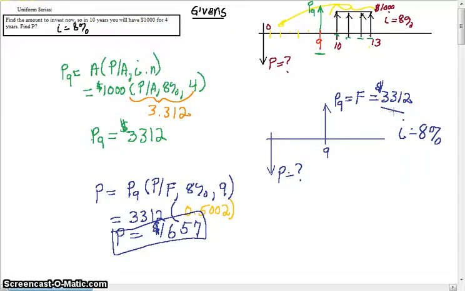You can, if you want, write this all as one equation. And this is kind of why I did it this way. We could write from the very first cash flow diagram at the top. Once you get more comfortable, instead of doing this in 2 steps, you can write it all as one.